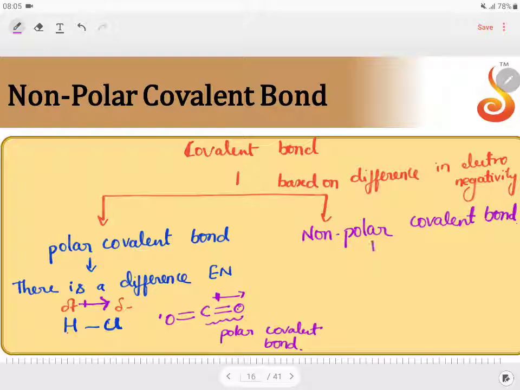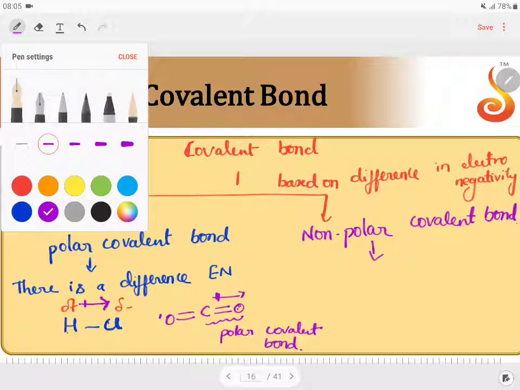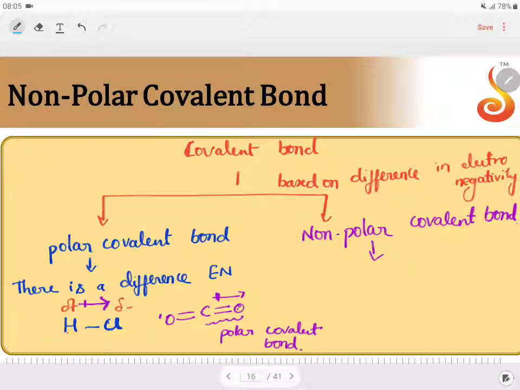A non-polar covalent bond has no difference in electronegativity. In this case, definitely the molecule is non-polar.